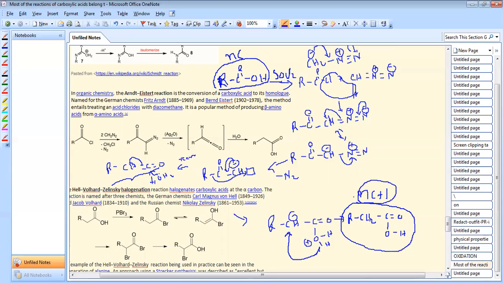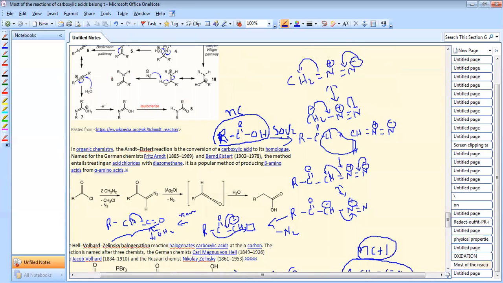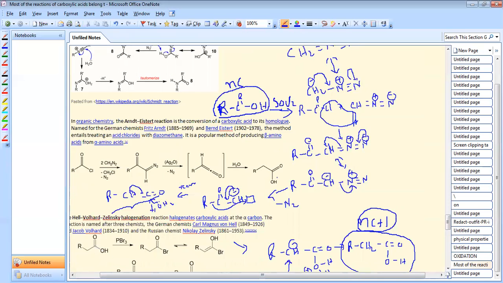So that's why this Arndt-Eistert reaction is also known as a homologation reaction, the homologation of carboxylic acid. In other words, we can start from a carboxylic acid with fewer carbon atoms and end up with a carboxylic acid with one more carbon.